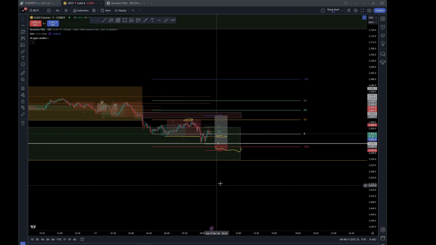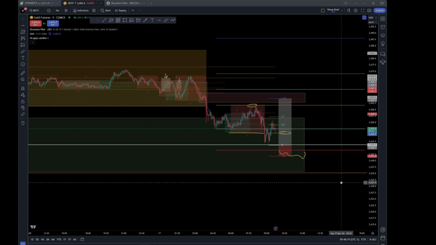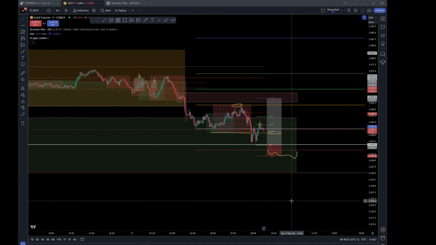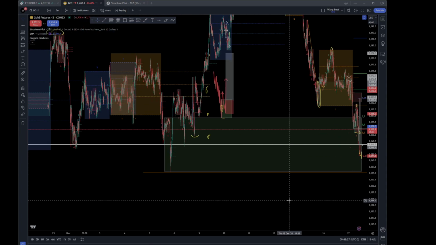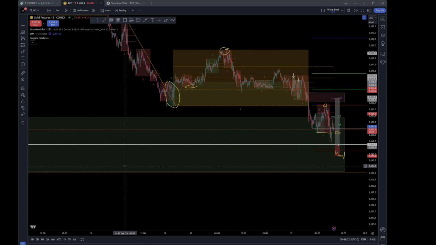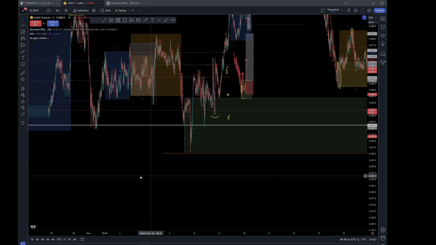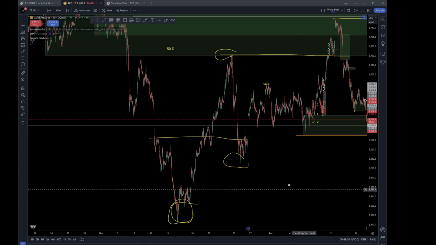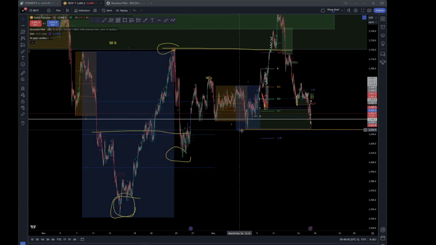So we stay here. Let's see. What I'm looking at right now, as for myself, to take a small entry this morning is I'd want to be below that low.